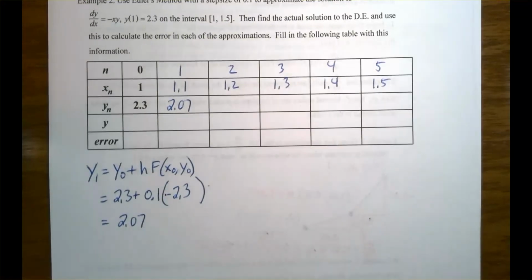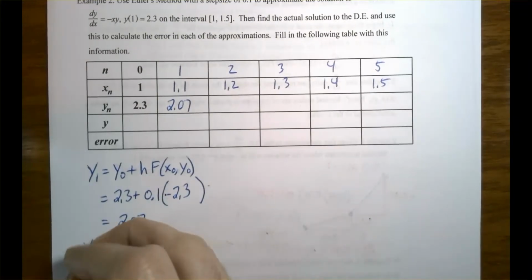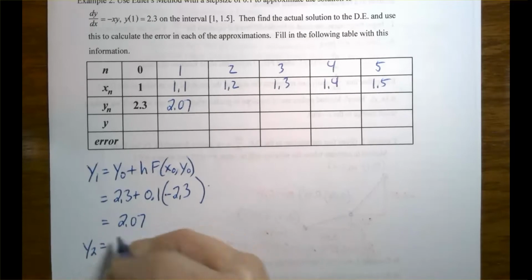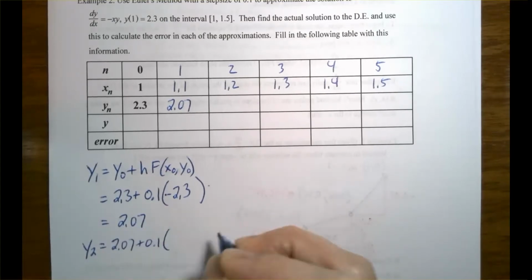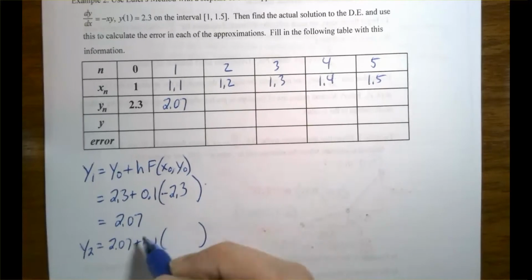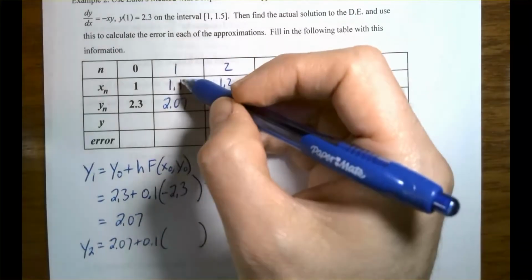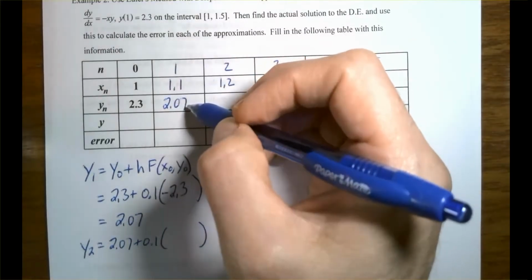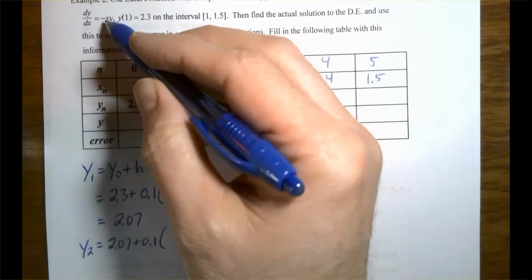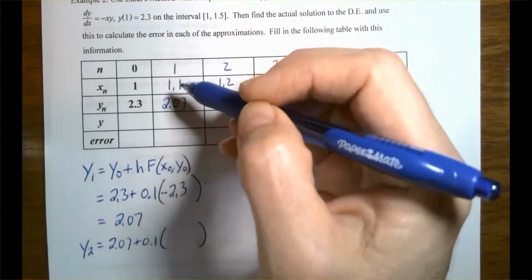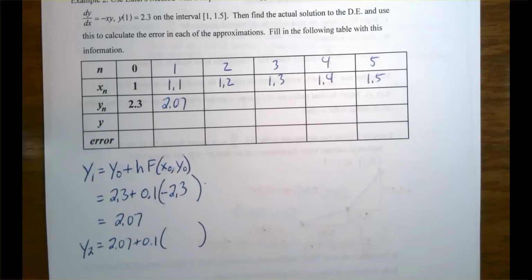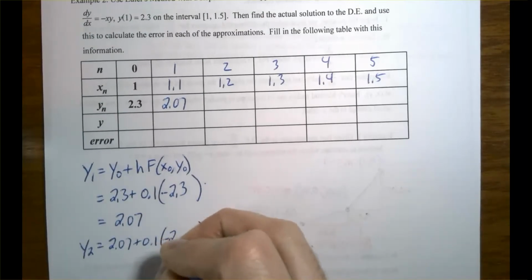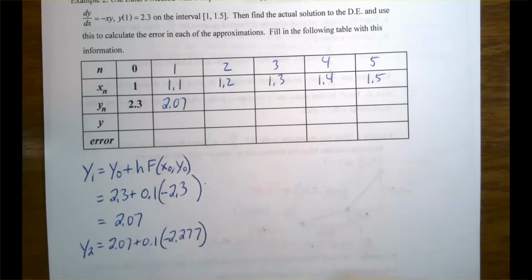To get y2, you just repeat the process. It's going to be y1, which was 2.07, plus h, which is still 0.1, times the slope at that previous point. The previous point had coordinates 1.1 and 2.07, and so its slope would be negative x times y. That's negative 1.1 times 2.07. Negative 1.1 times 2.07 is negative 2.277.